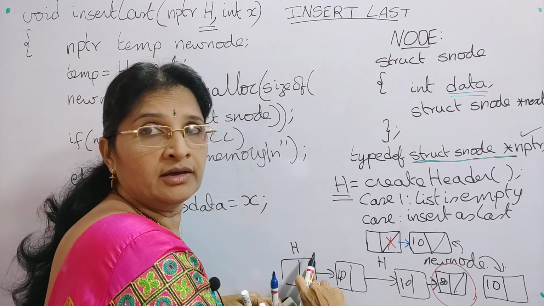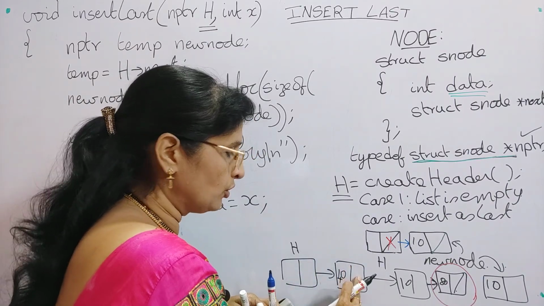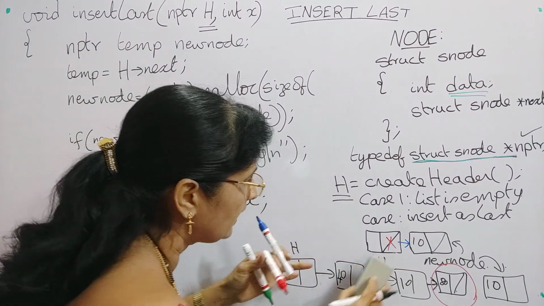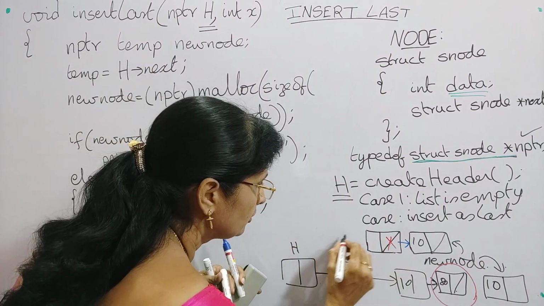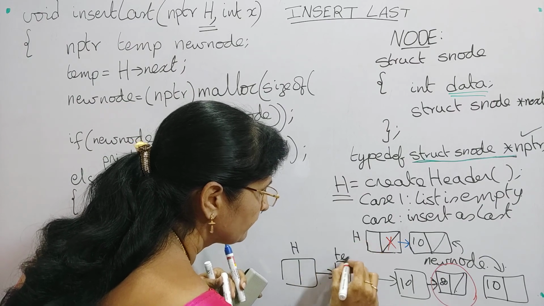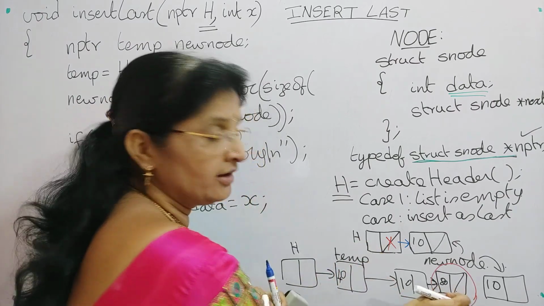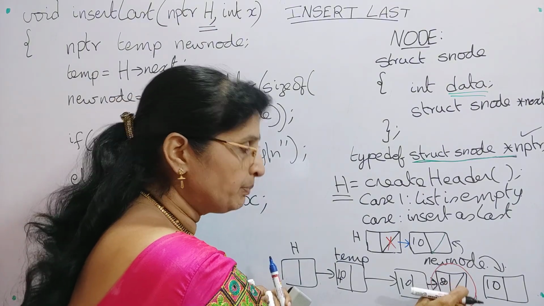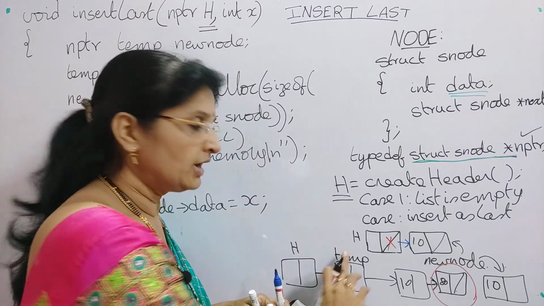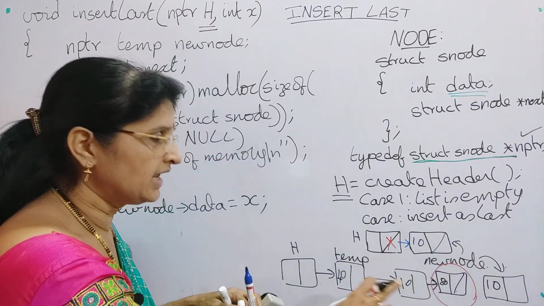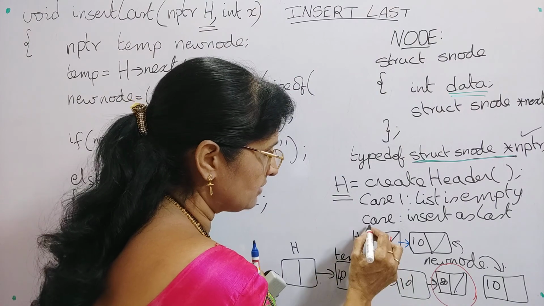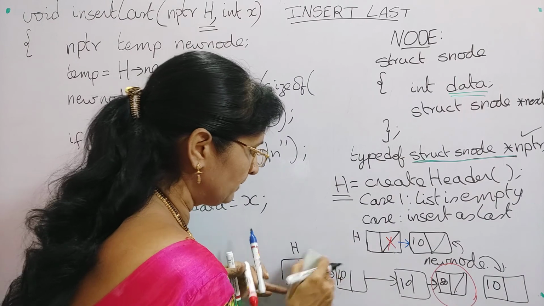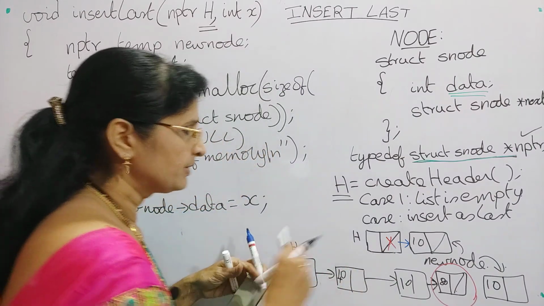We have only the first node address, and we have already assigned temp is equal to hnext. From here we have to move the temp to the last node. Until where? Until temp next is equal to null. So for both the cases, suppose it is this case, we have to place the temp here.